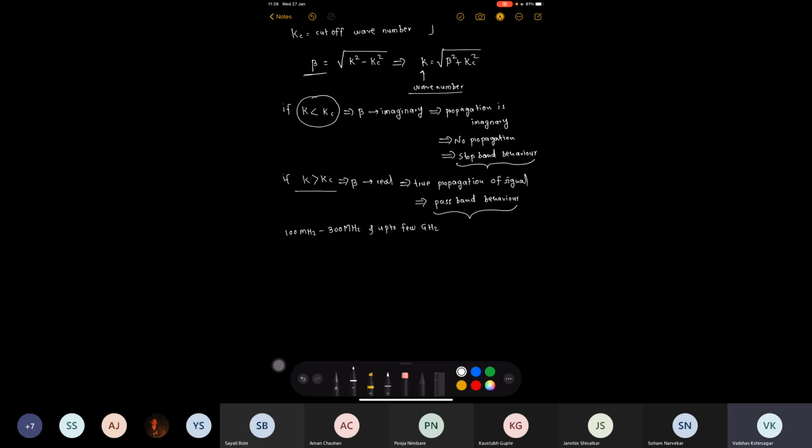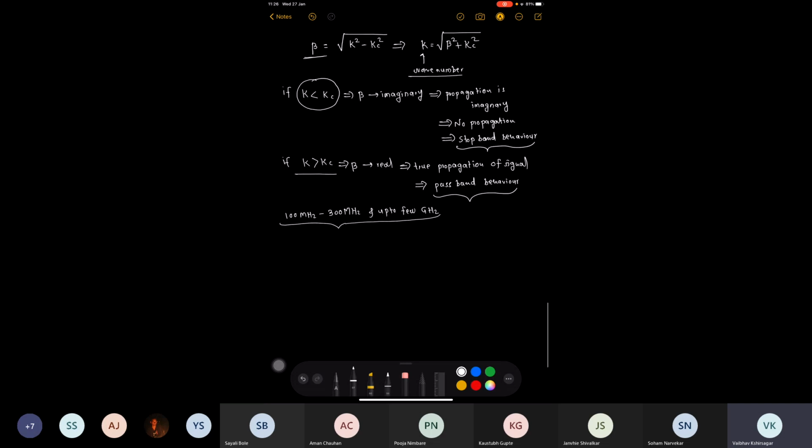Okay, so this is a typical range for which we can design RF and microwave filters, right? So 100 to 300 megahertz is a typical frequency range, and we can go up to a few gigahertz level also, right?